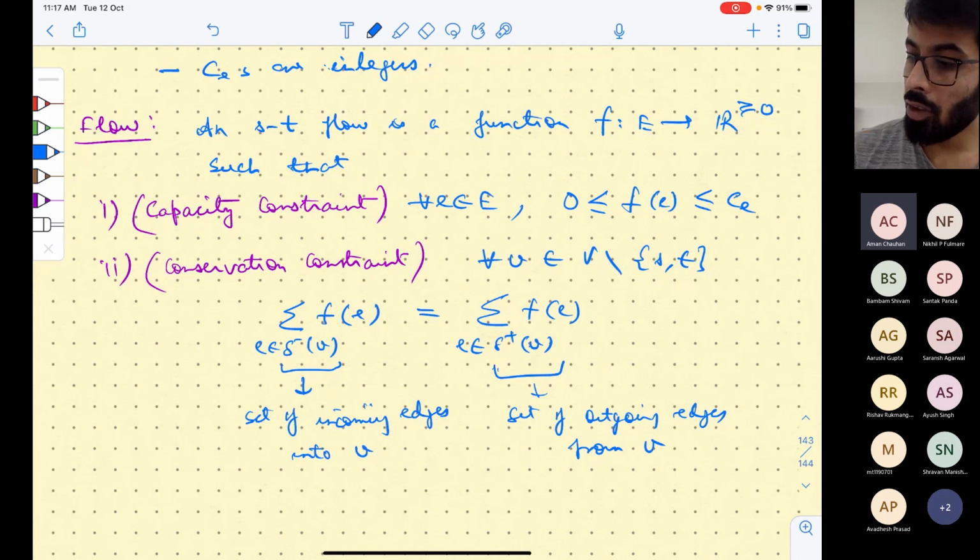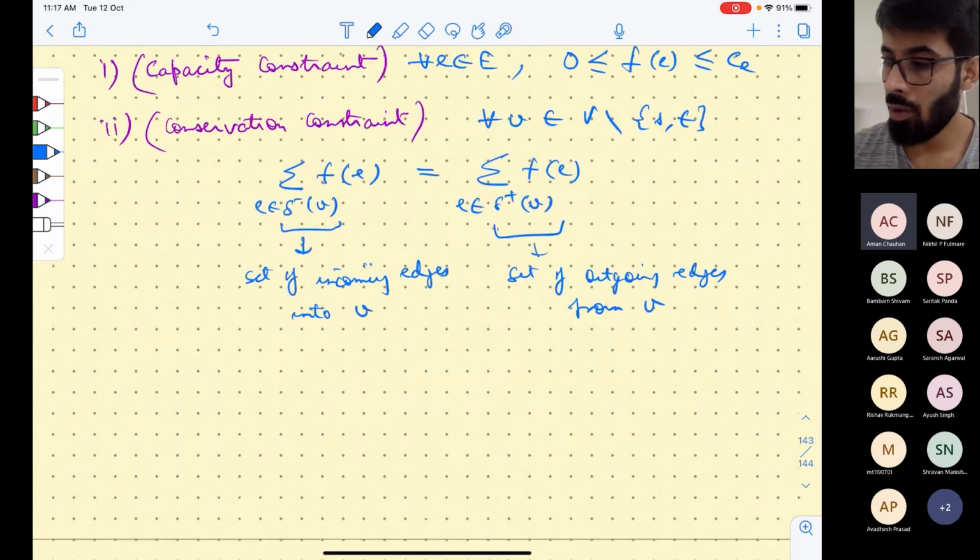And so these define what is a flow. Basically, a flow is just a function which satisfies these two constraints. The first is the capacity constraint, that for every edge, the value of the flow should be at most the capacity, and it should be, of course, non-negative. And the second constraint says that for every vertex, whatever goes inside as a flow comes outside.